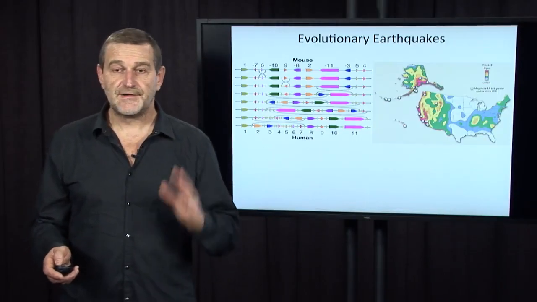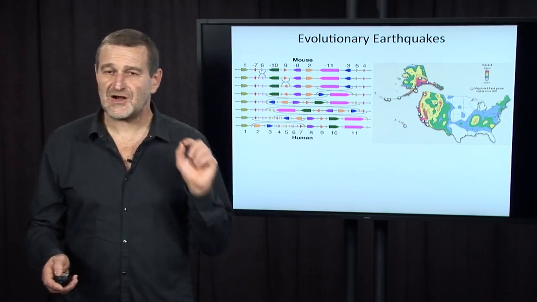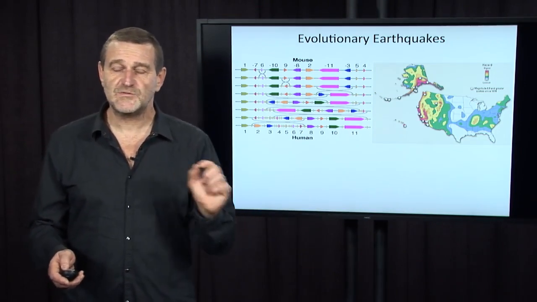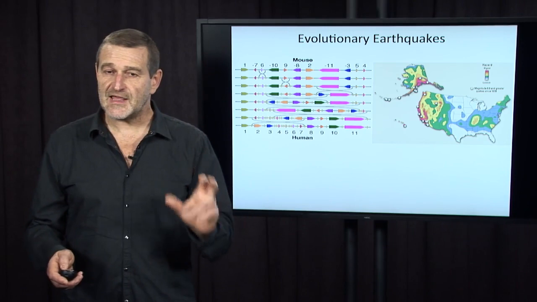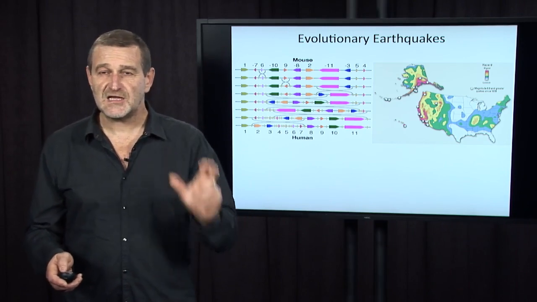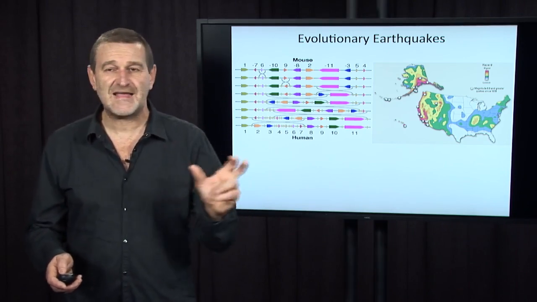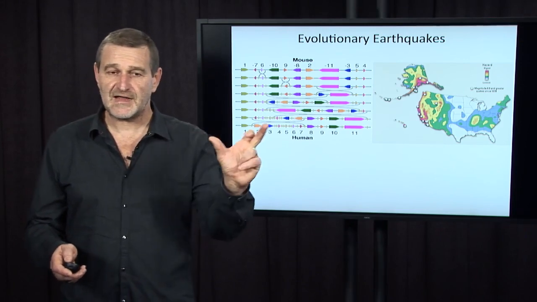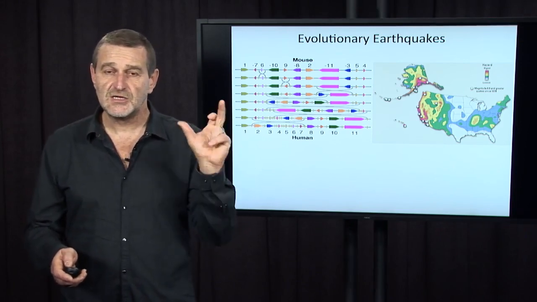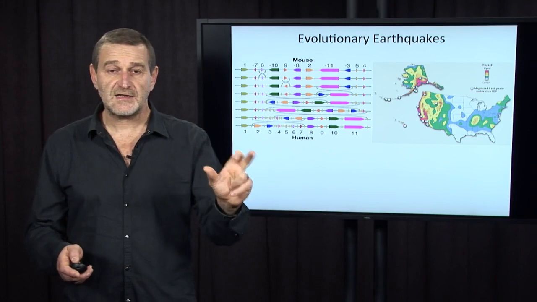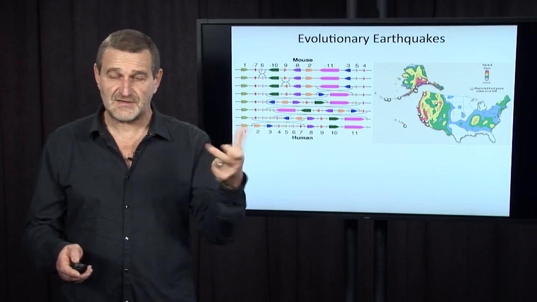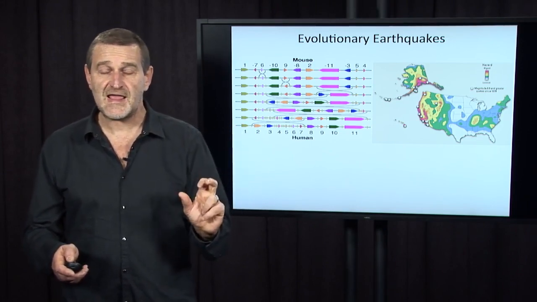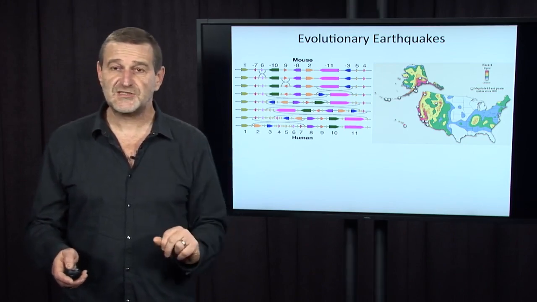Now, rearrangements are, of course, dramatic events happening with genomes. And you can think about rearrangements as earthquakes, because many bad things may happen. For example, every reversal has two endpoints. And these endpoints, after a reversal happens, may actually disrupt a gene.